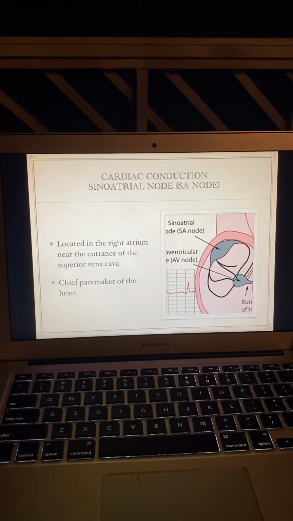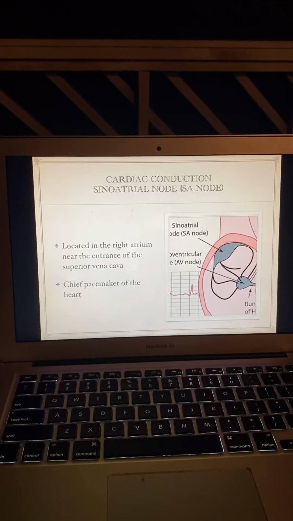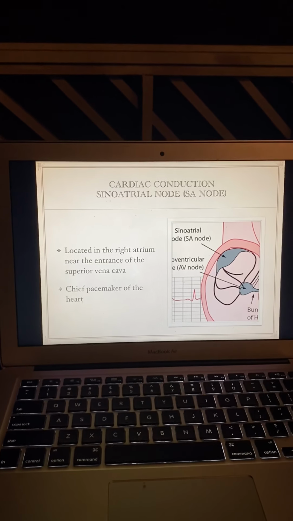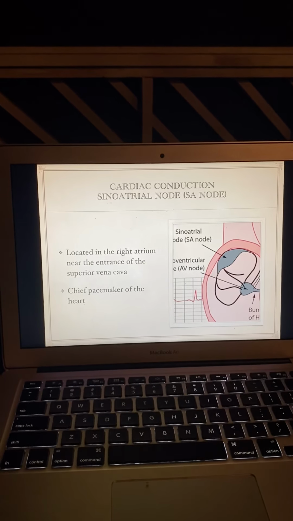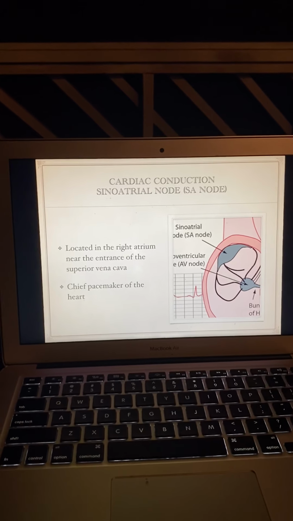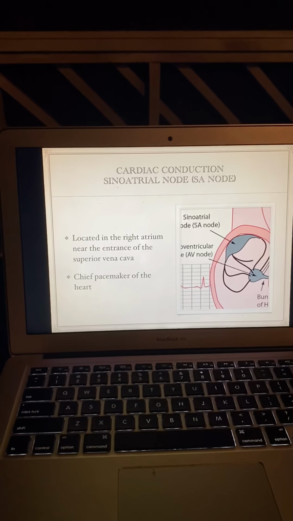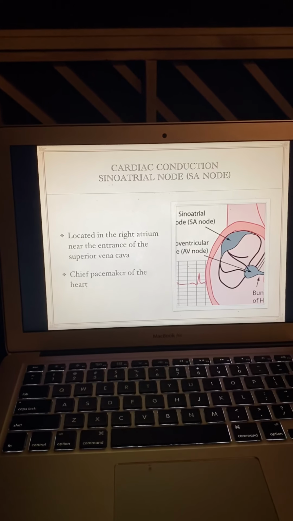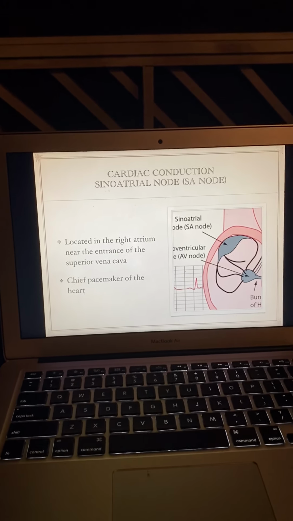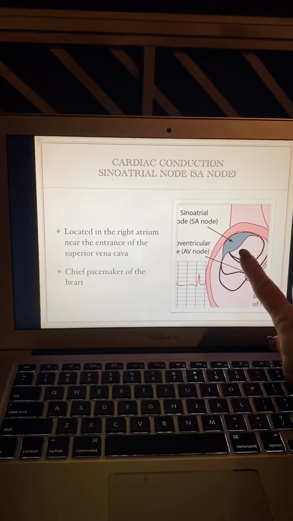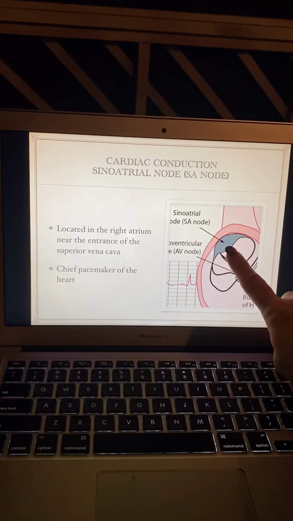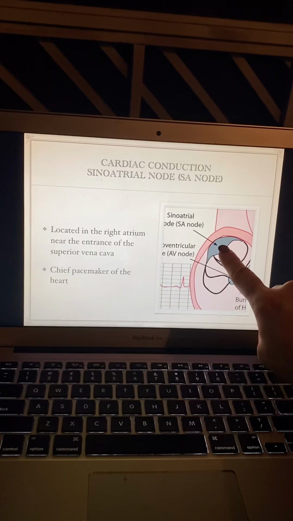Okay, now we're going to talk about the cardiac conduction through the whole heart. So the chief pacemaker that the heart has is at the top of the heart. It's the sinoatrial node, which is what we know as the SA node. It's located in the right atrium near the entrance of the superior vena cava. So you can see that I have it right here in gray at the top of the right atrium.